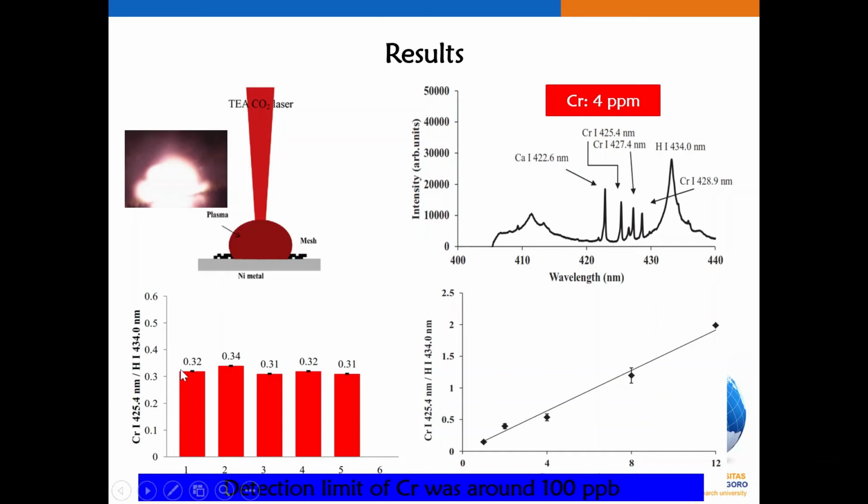It can be seen here that with various samples, we can get good stability of the emission ratio between chromium 425.4 nanometers and hydrogen gamma 434.0 nanometers, which means that by taking this data, we can conclude that our vaporization technique can be used for semi-quantitative analysis of trace metal elements or impurity on a silicon surface.